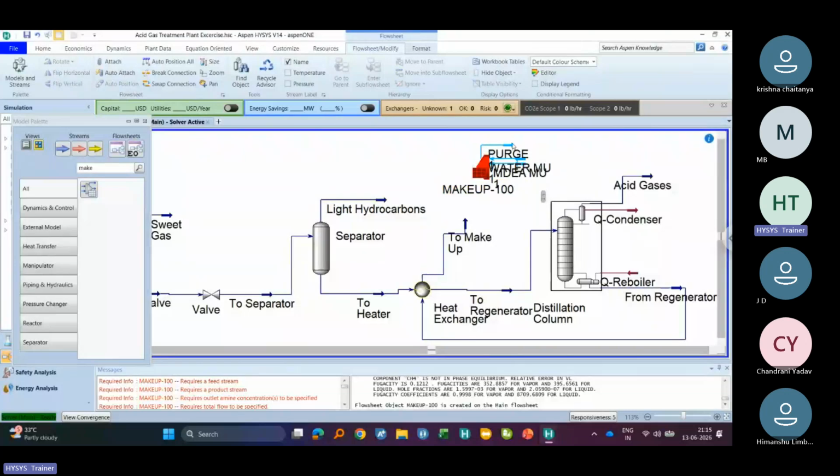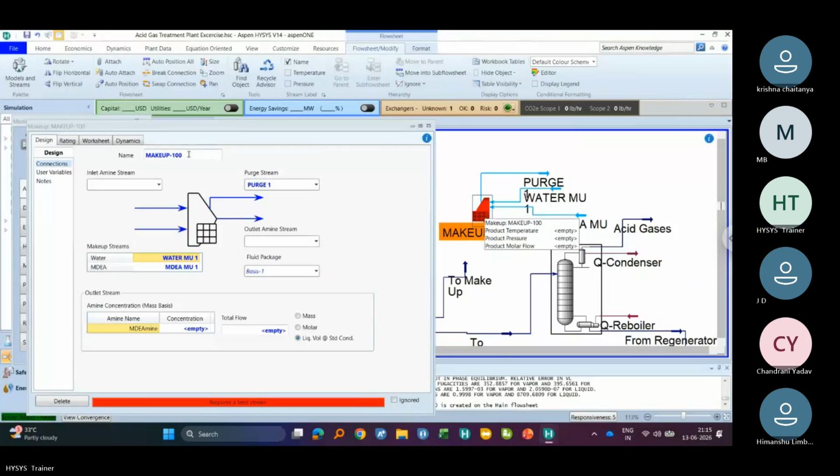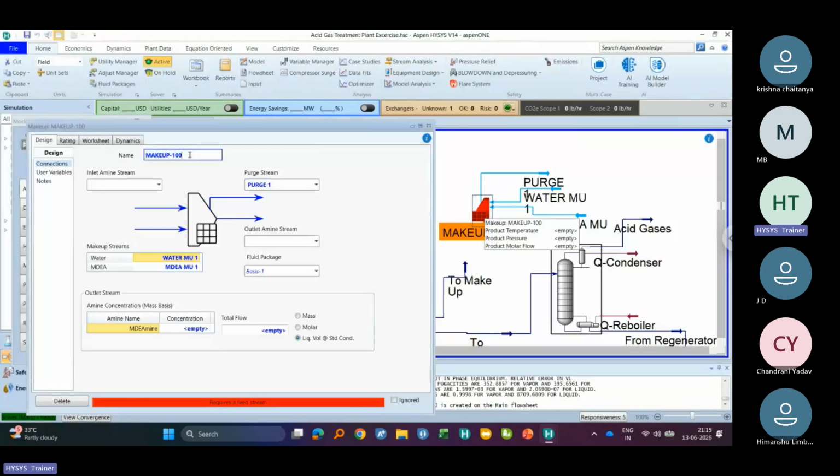You will see that there are three streams associated with it, including this purge, so that if it has any gases, they can be removed from the purge stream. It will add one water stream and one MDEA amine stream. I will just open this makeup block and rename it as makeup.